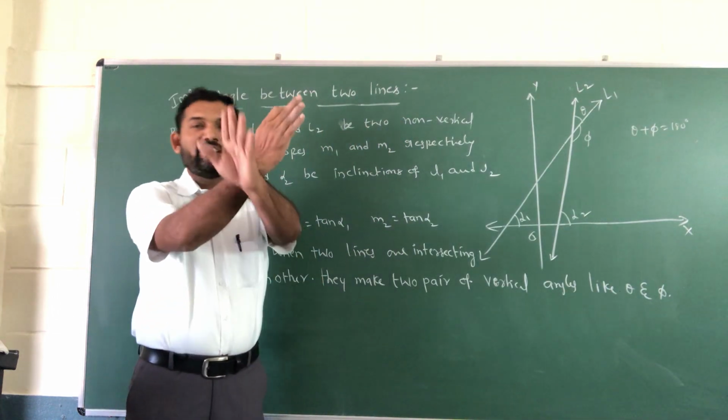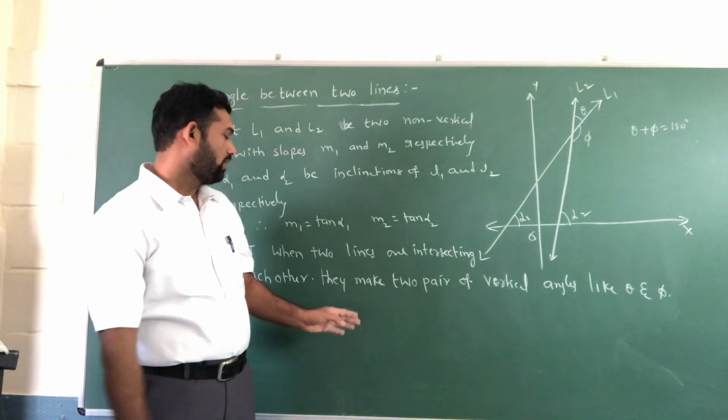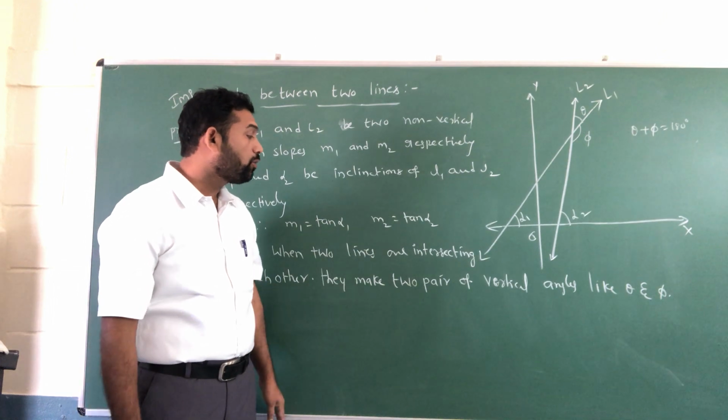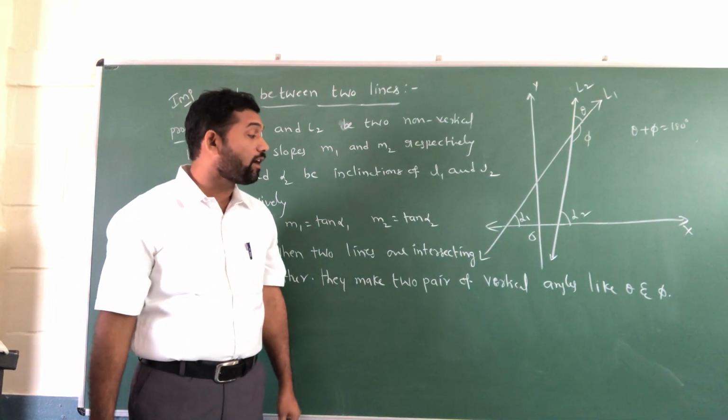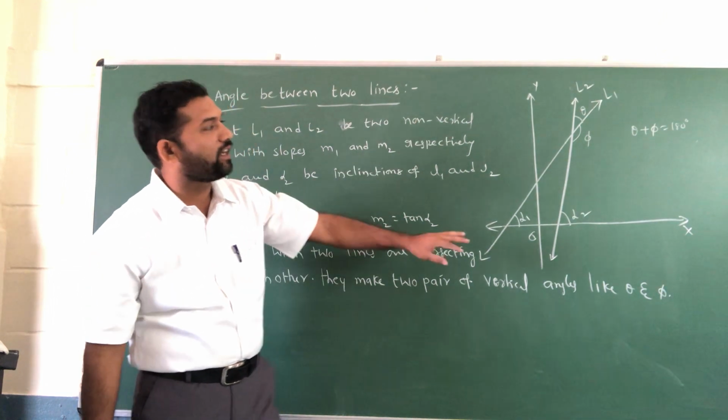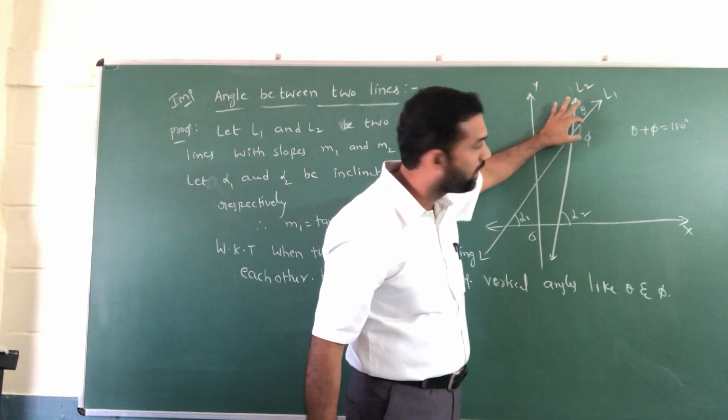So two lines are intersecting each other, so they make two pair of vertical angles. Two pair of vertical angles means in between angle is theta, in between angle is phi.